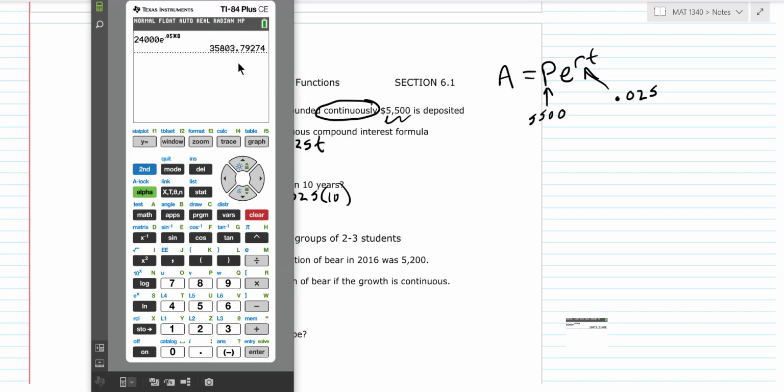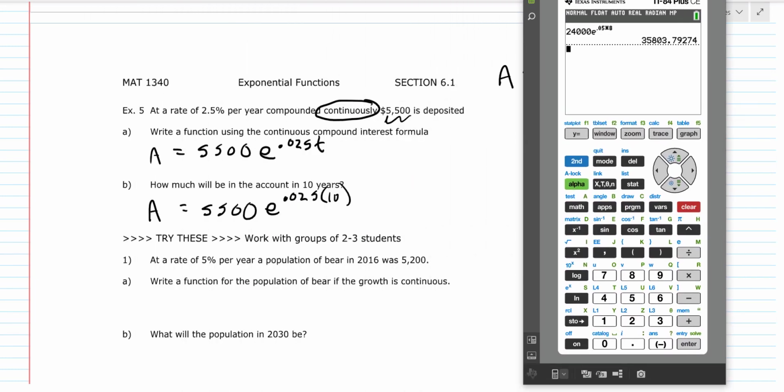The best way to do the e is above, that first column above LN. So I'm just going to type in the 5,500. Then I'll go second LN. That way e in the exponent automatically pops up. Then I just put in 0.025 times 10. Those of you that have a TI-83, make sure that 0.025 times 10 is in one parenthesis. Okay, and that'll give you the amount.